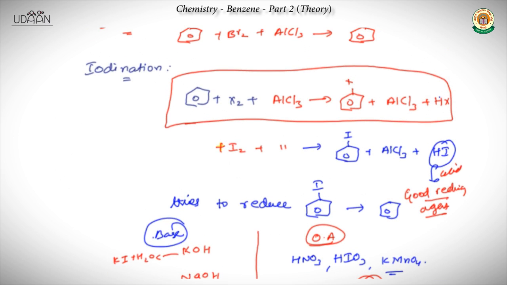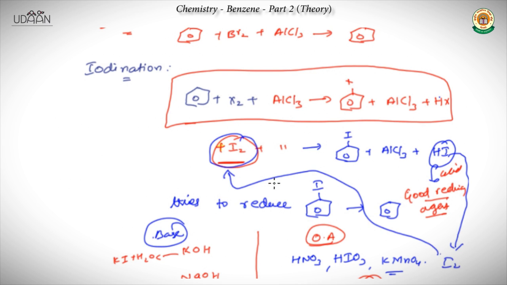Now as you can see in the reaction, I2 is your reactant. So from this you are getting I2 as a product. This I2 again reacts with benzene, promoting the reaction for the formation of iodobenzene. So let us see what happens for other cases.